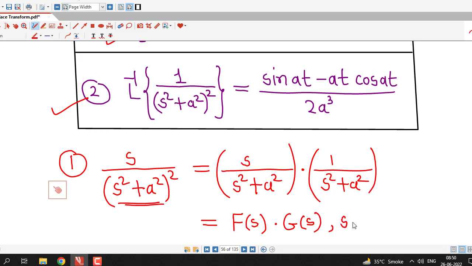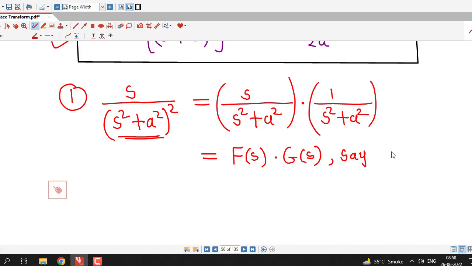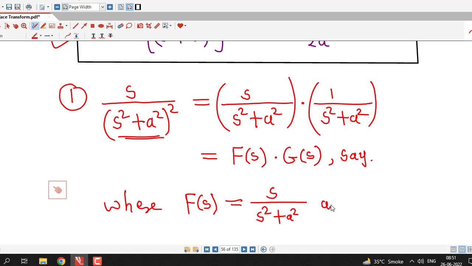So suppose this is equal to capital F of s into capital G of s, where F of s is equal to s divided by s square plus a square and G of s equals 1 divided by s square plus a square.